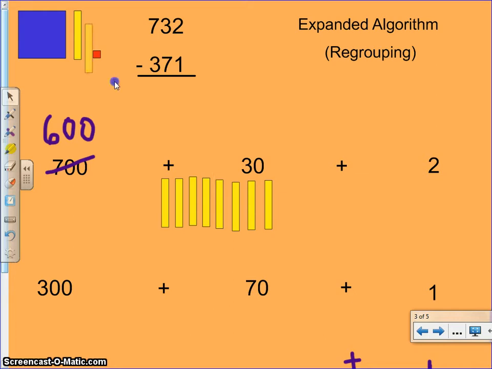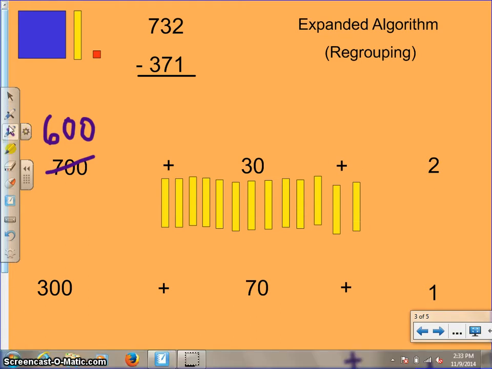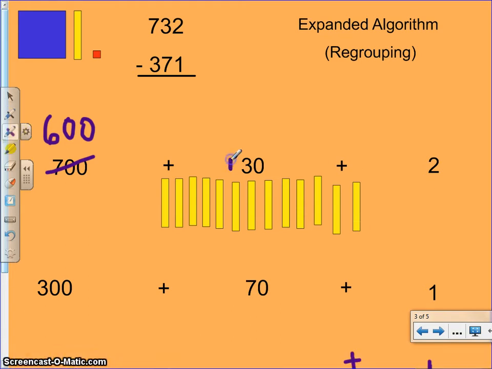So there's 5, 6, 7, 8, 9, and finally 10. So now I have 13 tens or 130. And you can count those tens. 1, 2, 3, 4, 5, 6, 7, 8, 9, 10, 11, 12, 13.